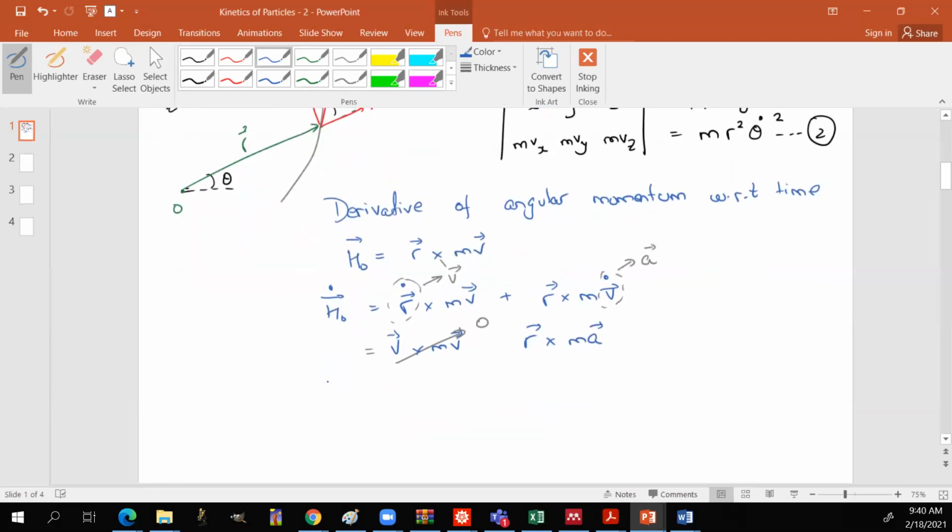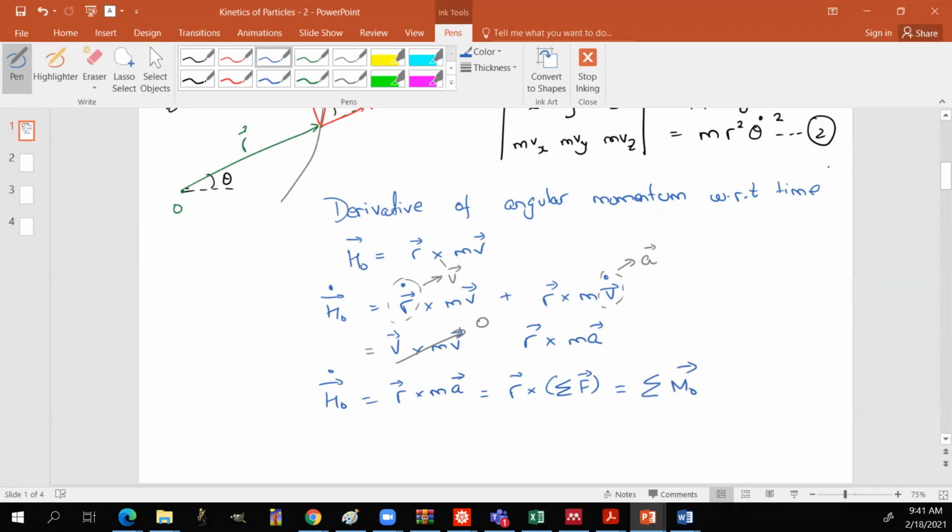Okay. So basically, the rate of change of angular momentum is equal to r crossed with ma. And what is ma from Newton's second law? Force. The sum of all the forces, the external forces that are acting on your body. And what is r crossed with all the forces? Moment.